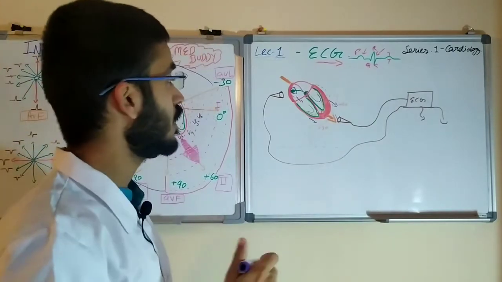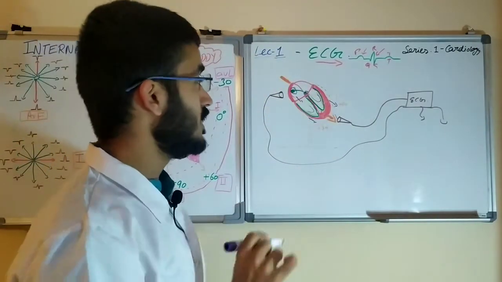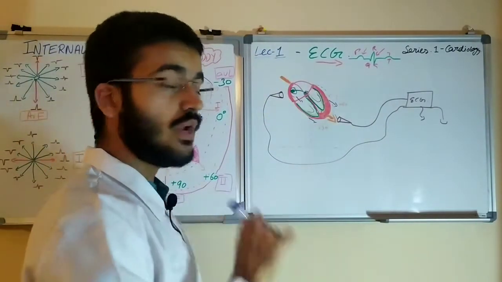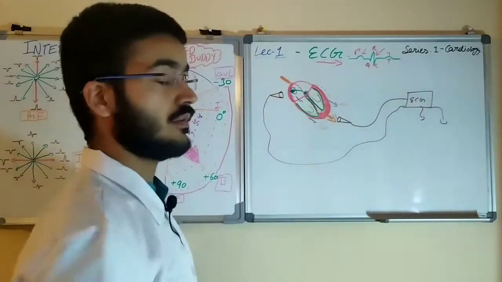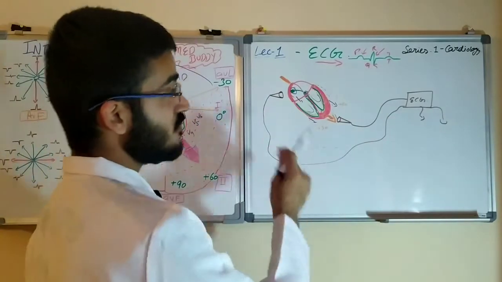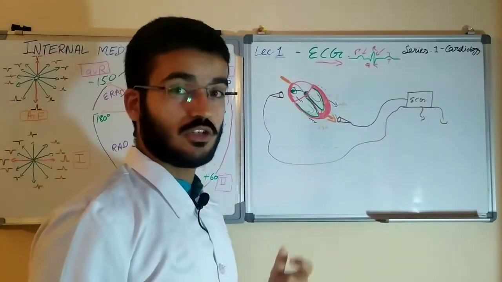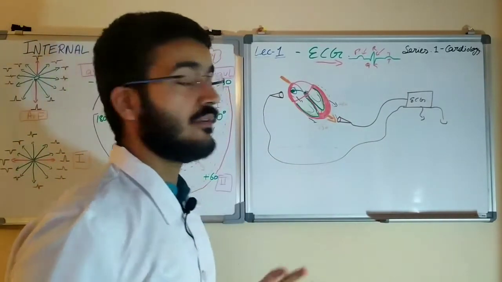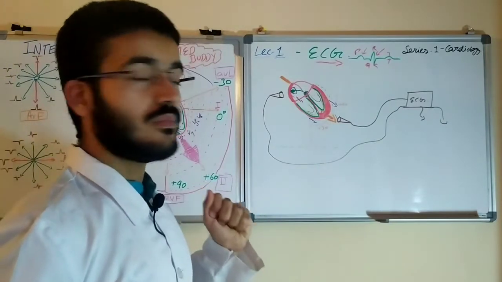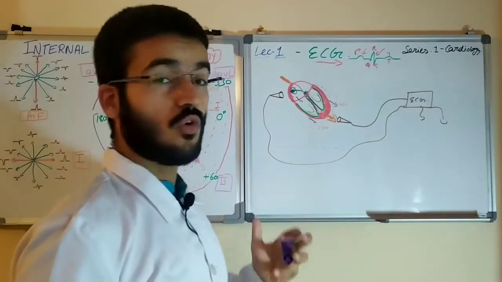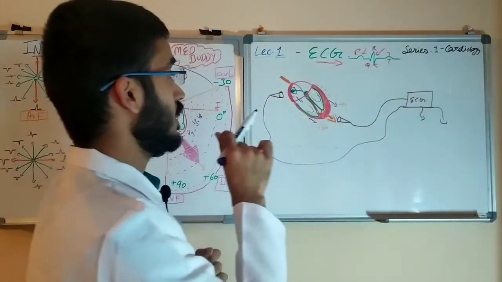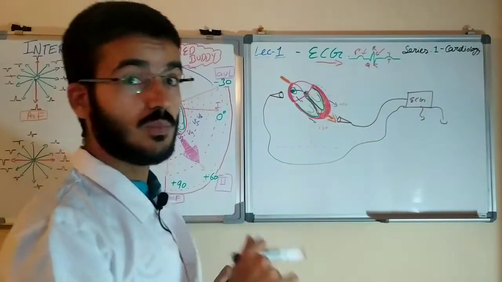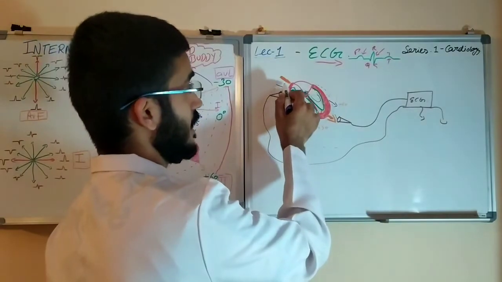Let's see. The largest current vector presented by the heart is from the left ventricle. How? Because the left ventricle is the largest. It has the most tissue of myocardium, and another contribution comes from the right atrium.